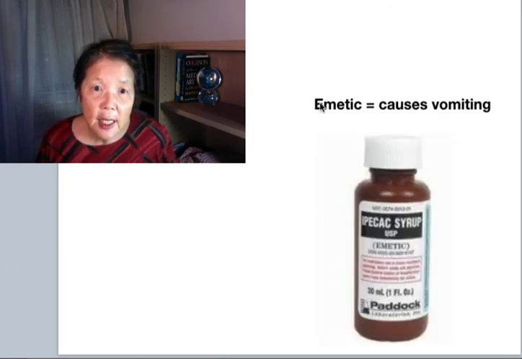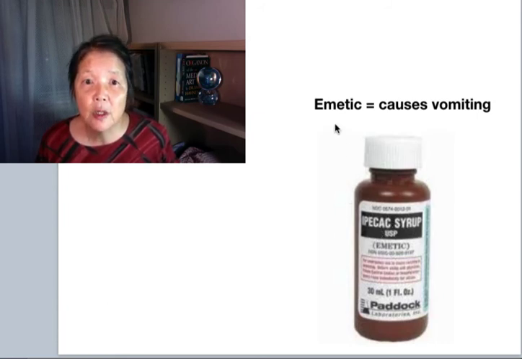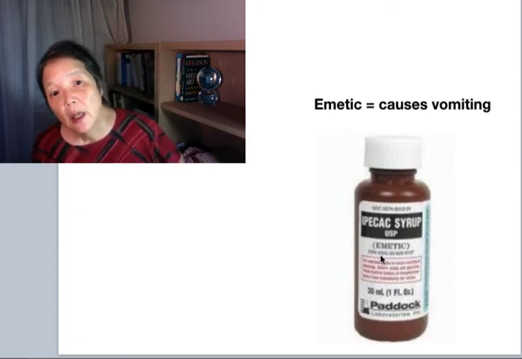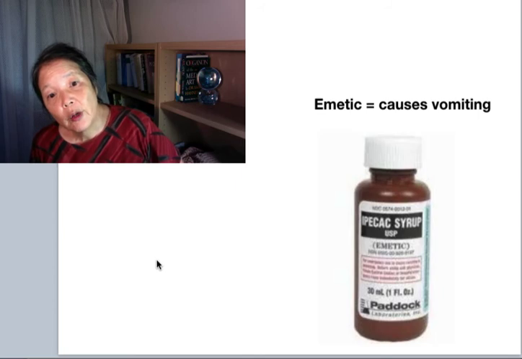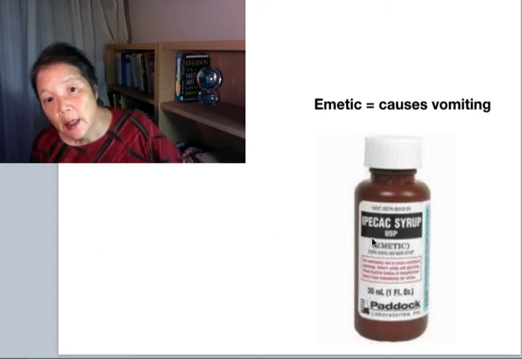And actually this same emetic, which is ipecac syrup, is what is used to cause vomiting. Okay, it's an emetic, and it's used for certain kinds of sicknesses. This is not the homeopathic remedy. This is full strength ipecacuanha.